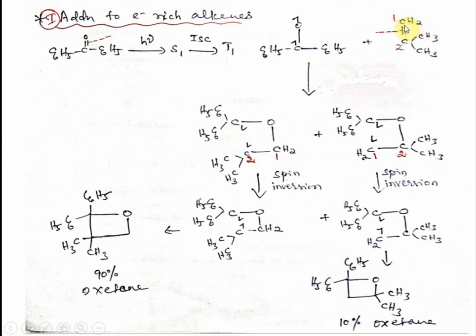If carbon 1 is added to this carbon and carbon 2 is added to oxygen, that is inverse addition, the other oxetane is formed and it has a lower yield of 10%. So direct addition gives 90% oxetane. Inverse addition gives 10% oxetane.